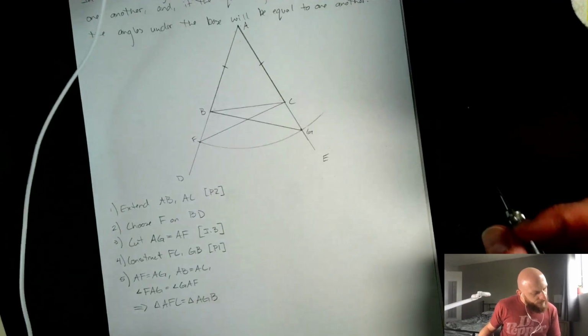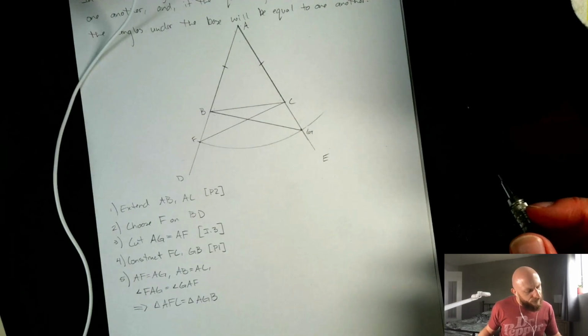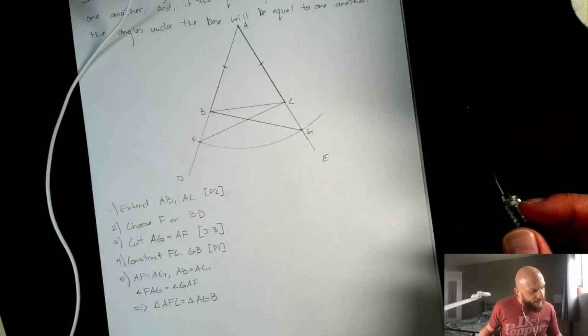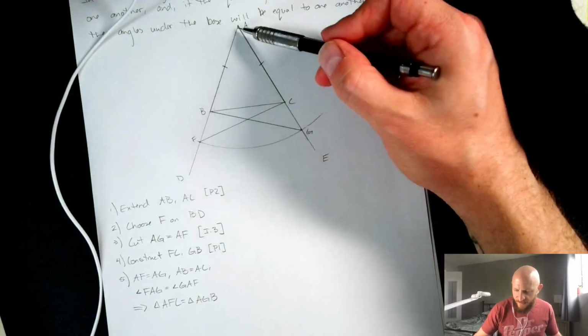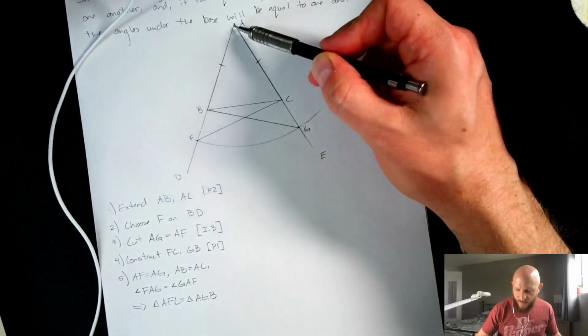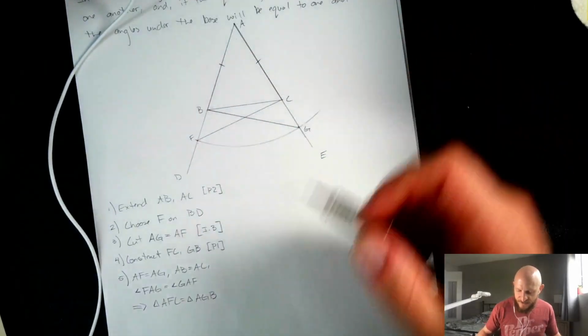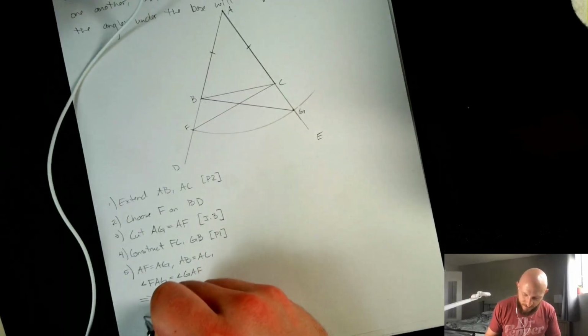Right. And so because of this, the remaining angles will be equal to the remaining angles, namely those which the equal sides subtend. So angle ACF is equal to angle ABG. So maybe I'll just make that as a note.